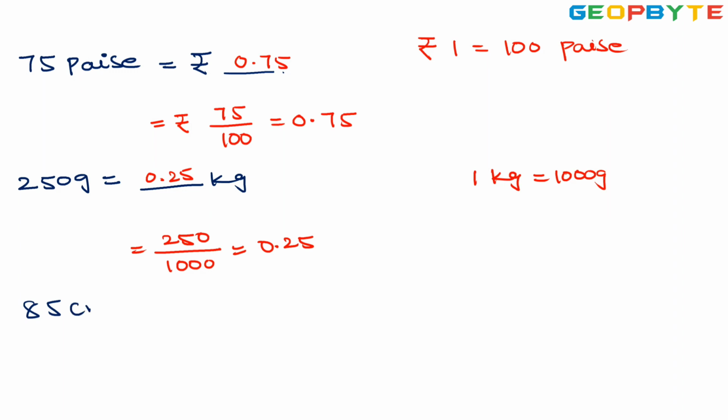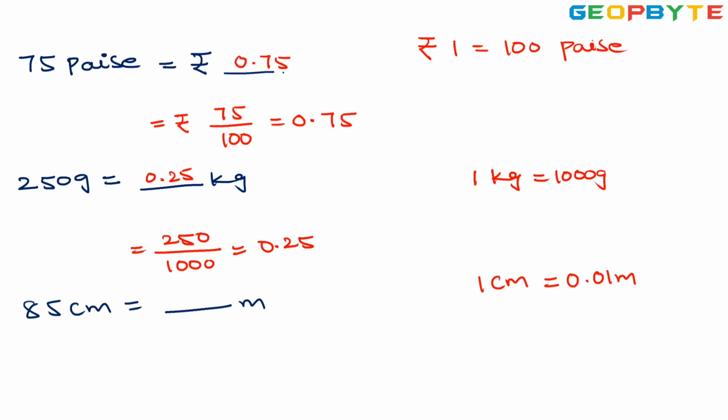85 centimeters is equal to dash meters. Like we need to convert centimeters into meters. So here 1 centimeter is equal to 0.01 meters.